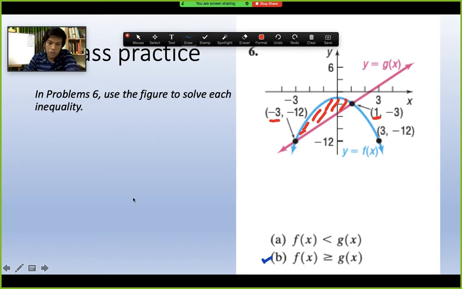So the solution of this question will be from -3, and you can see that this is not a strict inequality, so the answer will be from -3 to 1. This will be our solution.